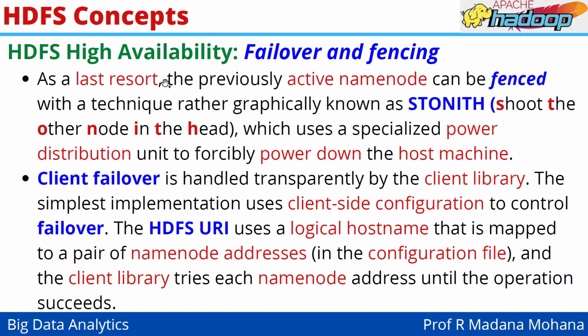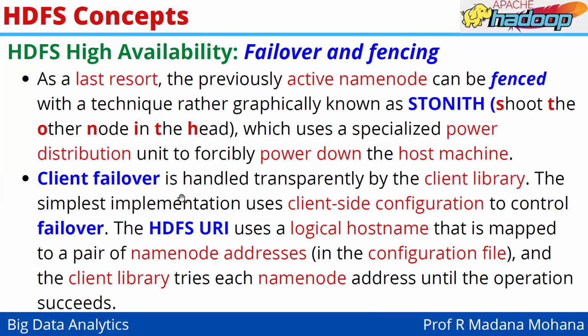As a last resort, the previously active name node can be fenced with a technique rather graphically known as STONITH, which stands for shoot the other node in the head, which uses a specialized power distribution unit to forcibly power down the host machine.